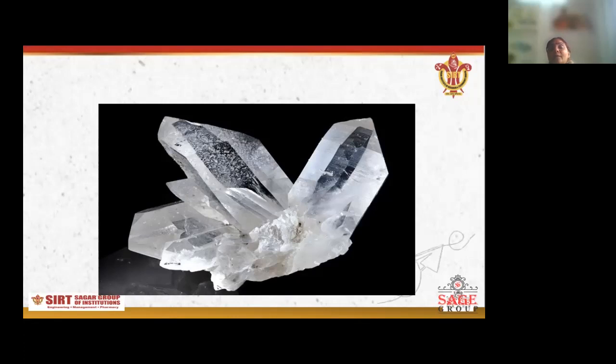So at the time of formation, some identical conditions are required for a mineral. If these conditions occur, then identical pieces of mineral or identical types of crystals are formed.